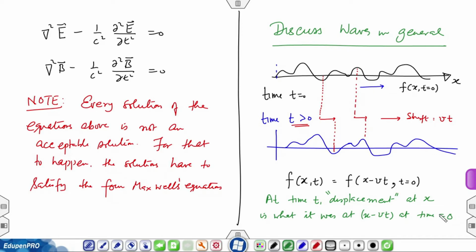So, if I just keep shifting everything back, this time t equals 0 becomes irrelevant. So, this becomes a function of x minus vt. A wave traveling to the right is going to be a function of x minus vt.